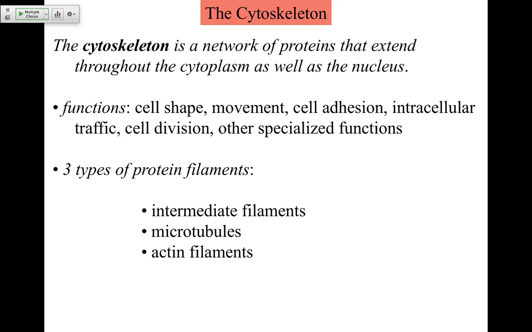Actin filaments are the thinnest filaments in the cytoskeleton, about 7 nanometers in diameter. So those are the thin ones. And the category of filaments that are intermediate in size, we put in this class of intermediate filaments because it's actually a large family of different types of filaments that make up this group. And that's what we're going to talk about first.